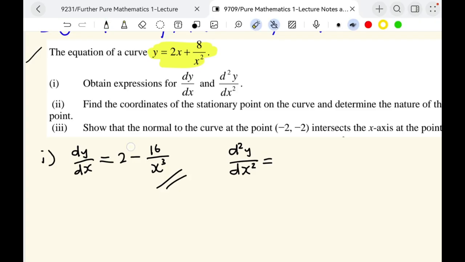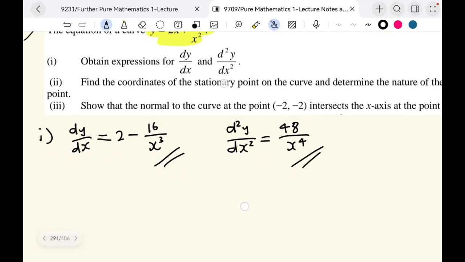So for the constant, take it away, and the power has negative 3, so it's negative 16 times negative 3, or 16 times 3. So it's 48 divided by x power 4. That is your second derivative, okay, from the equation of the curve.